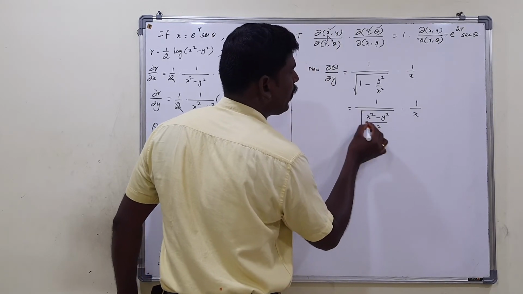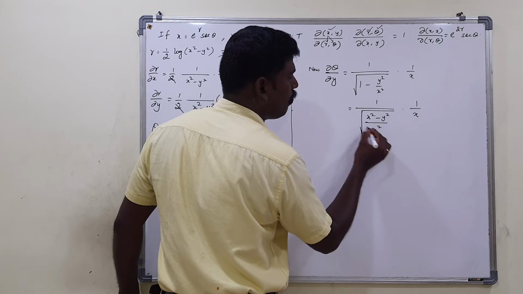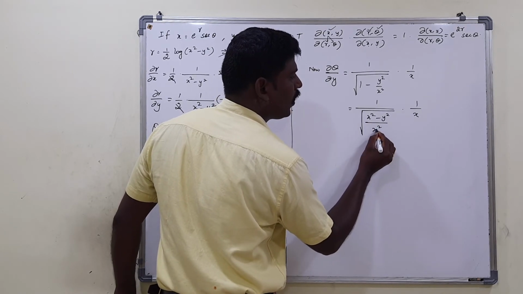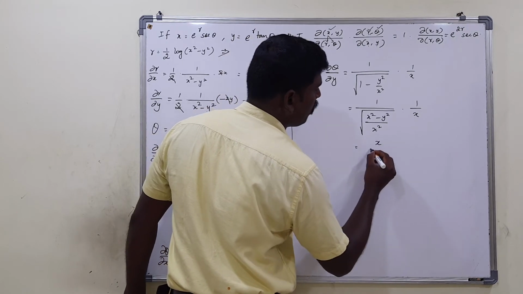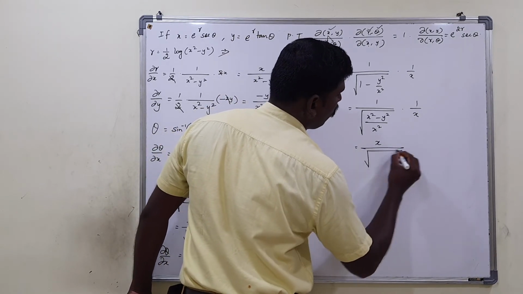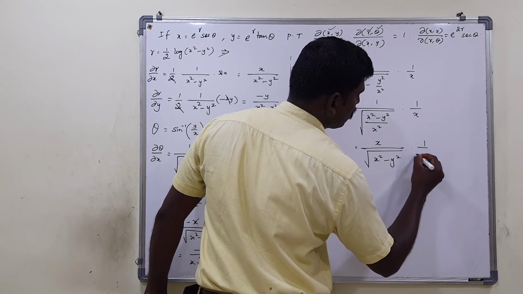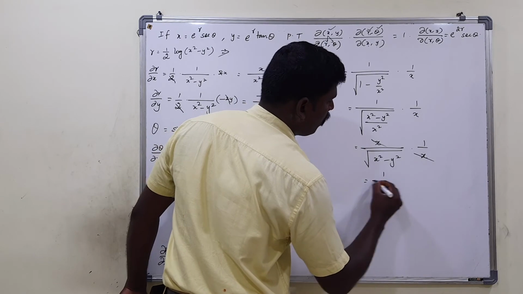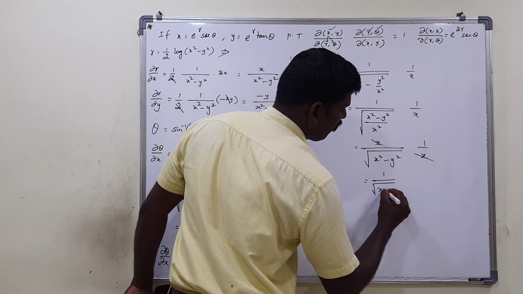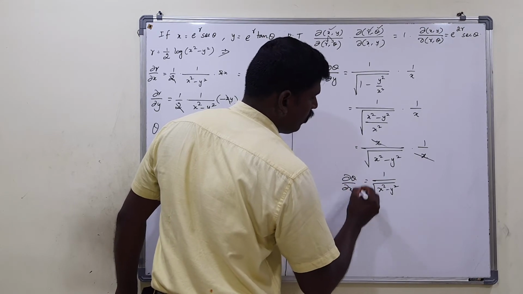So separate the square root in the denominator, it becomes root of x square minus y square by root of x square. So root of x square becomes x, that x goes to the numerator, it becomes x divided by root of x square minus y square into 1 by x. So we can strike out x with x. What is that value? 1 by root of x square minus y square. That is the value of dou theta by dou y.